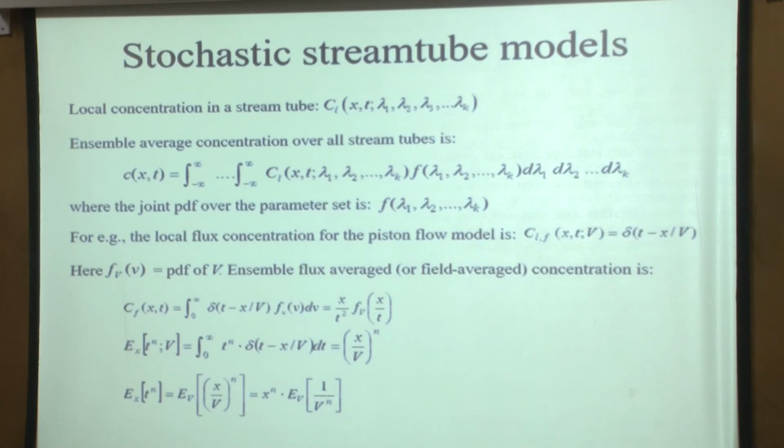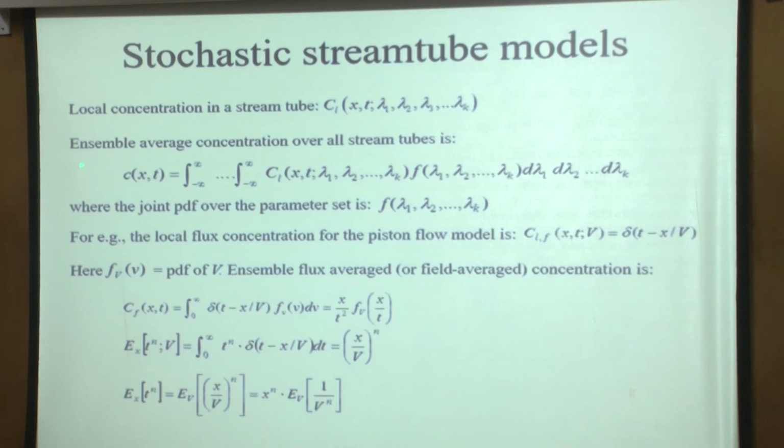Let's say your local model gives you concentration in terms of x and t, but it has various model parameters. This could be the velocity, the dispersion, alpha and beta if you are using the gamma distribution, or mu sub y, sigma y square if it's the log normal distribution. Those are all parts of these lambdas.